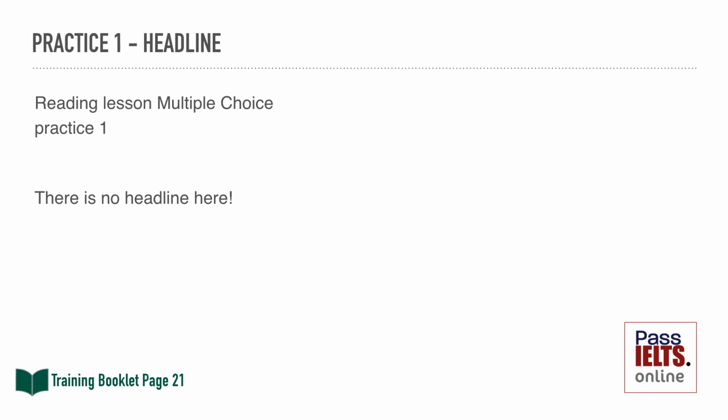Now you have time to practice with my help. First, you would normally look at the headline on lesson 4, practice 1 in your training book. However, this time there isn't a headline, as that is one of the questions. As there's no headline or photos here, we can skim some of the first paragraph instead.